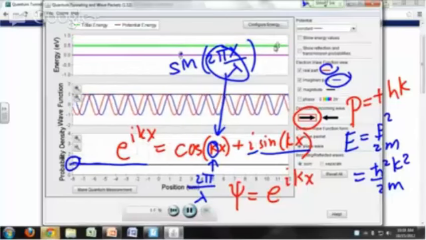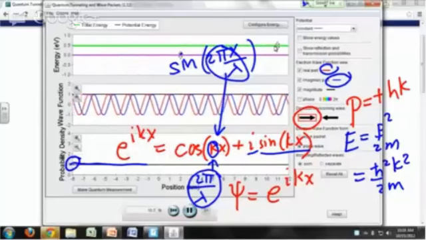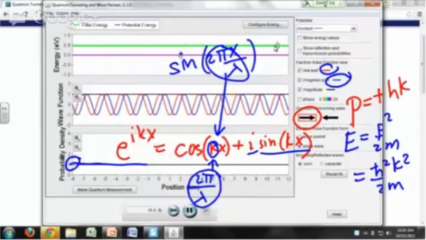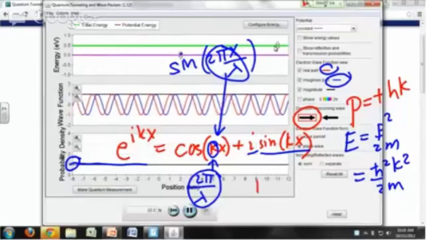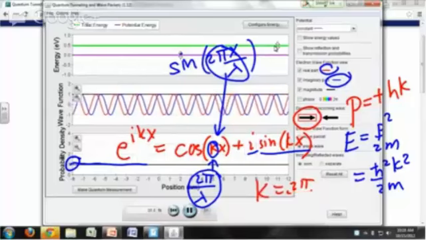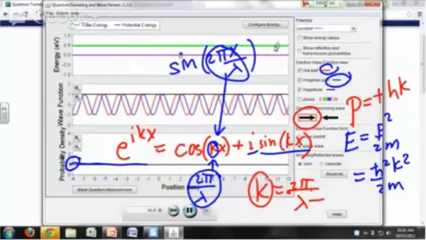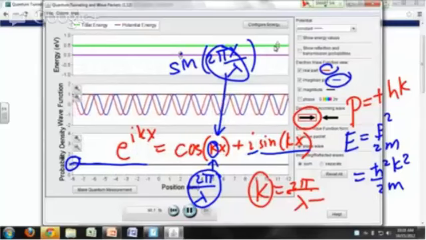The higher the k, what happens to your wavelength? K is equal to 2 pi over lambda. The larger the k, the shorter the wavelength, right?